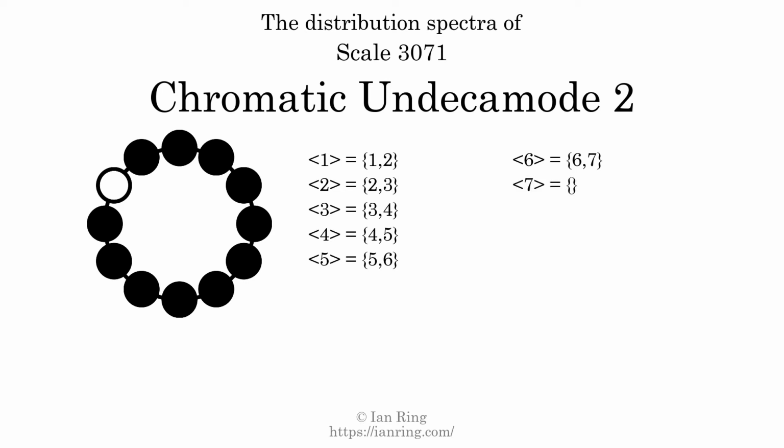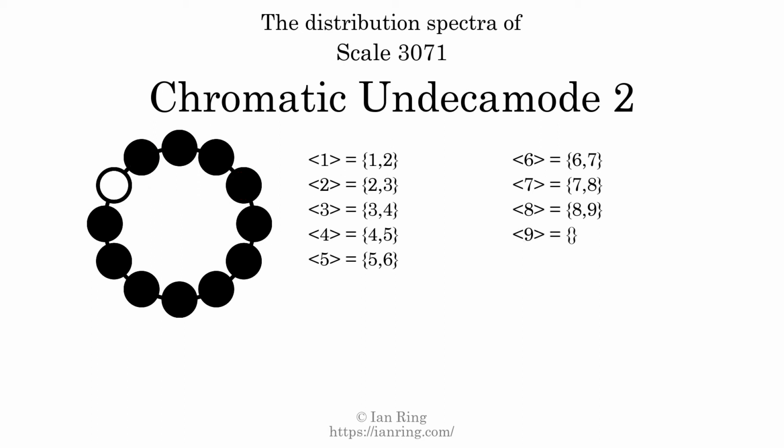The generic interval of 7 scale steps comes in two different specific interval sizes: 7 semitones and 8 semitones. The spectrum width is 1. The generic interval of 8 scale steps comes in two different specific interval sizes: 8 semitones and 9 semitones. The spectrum width of this generic interval is 1.